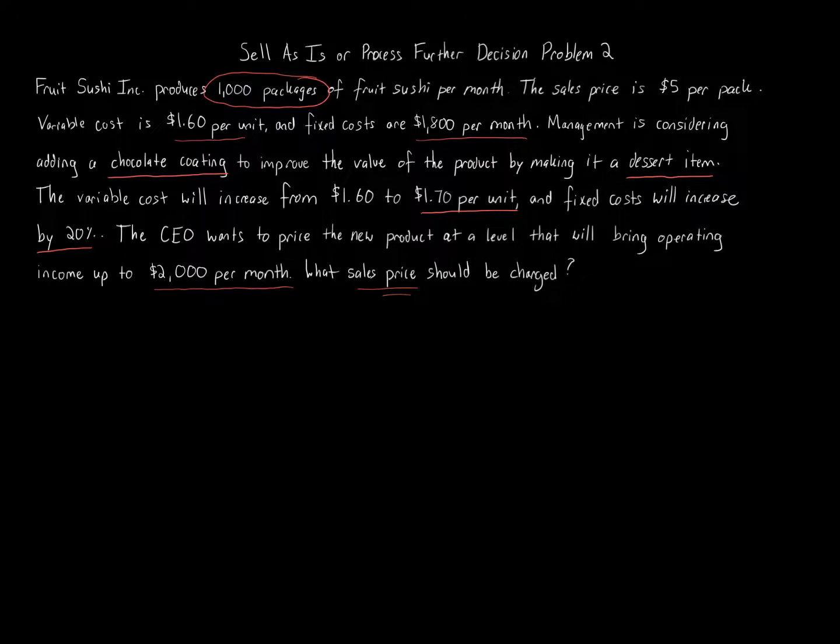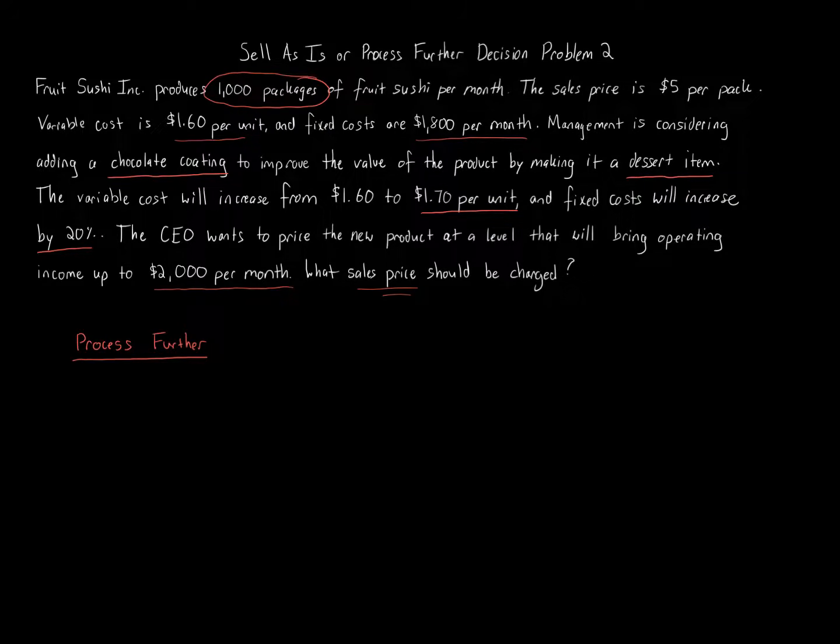This question is just, what should the sales price be if we want to get $2,000 of operating income per month given the information for processing further? So this is not comparing or even using the sell as is information. I mean, we do need to adjust the fixed cost amount, but you don't have to do any type of comparison. We're going to use the process further calculation to get that respective amount.